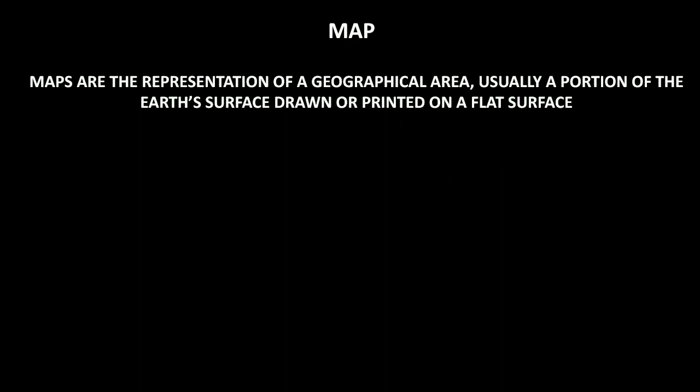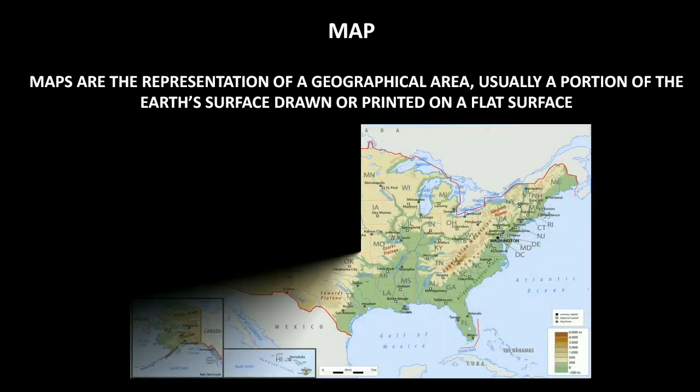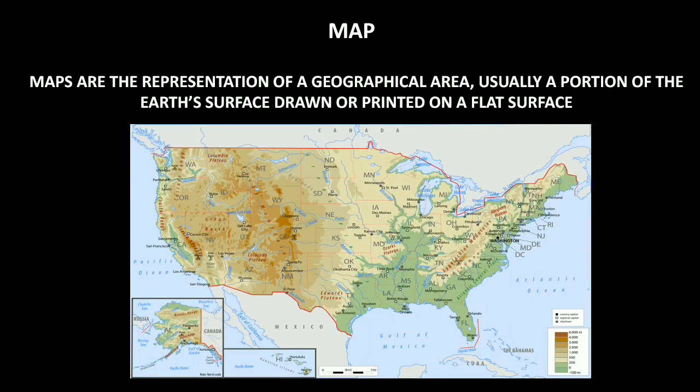Moving on. What is a map? Maps are the representation of a geographical area, usually a portion of the Earth's surface, which is drawn or printed on a flat surface.